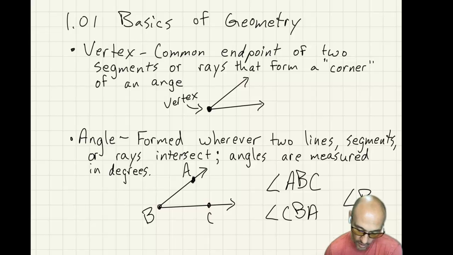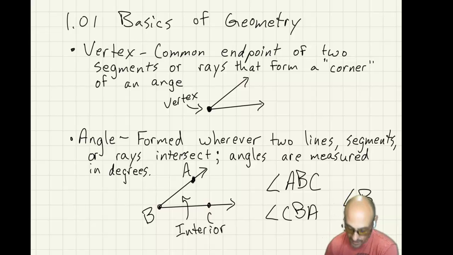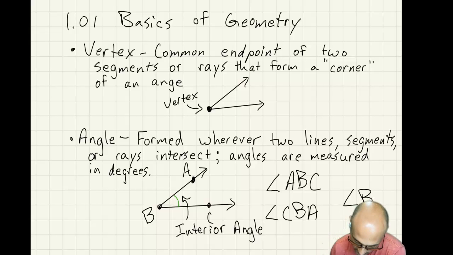There are also some key parts. This is the interior. That is the interior angle. And I could have made that in green here. I'll do this. So I'm going to label that interior angle.